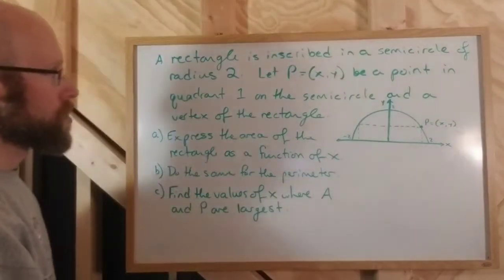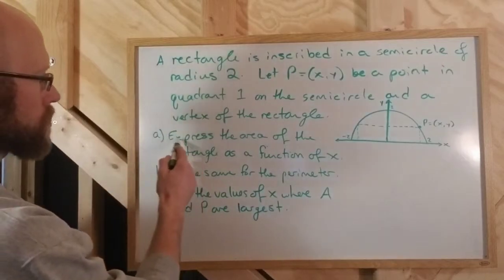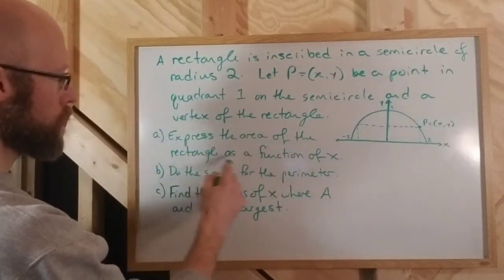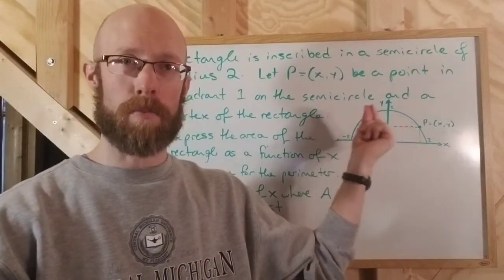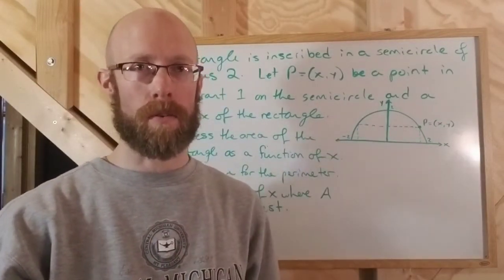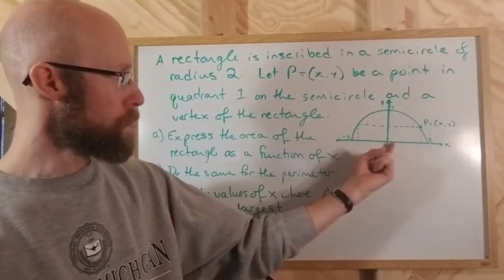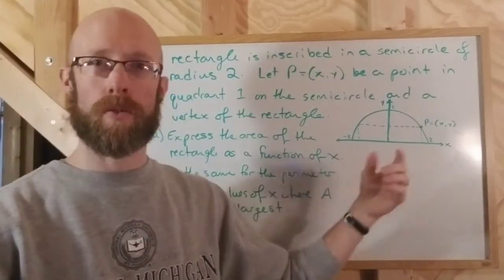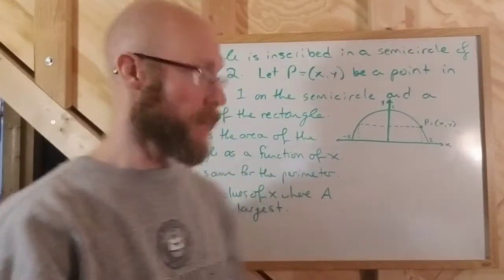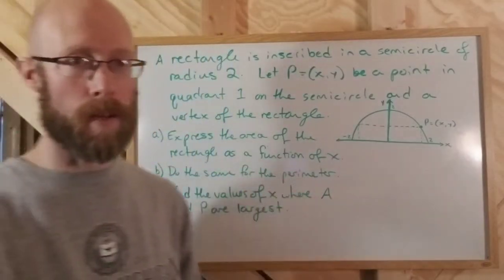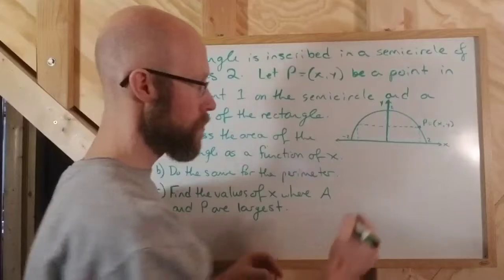Okay? So, part A here says to express the area of the rectangle as a function of x. Obviously, the area changes as I move that point around the semicircle. So, depending upon where the x value is, it's going to determine the area and also the perimeter in part B. So I need an area formula.